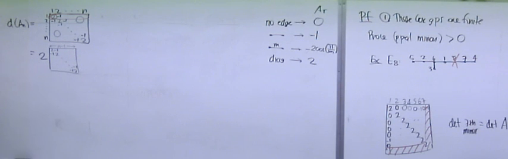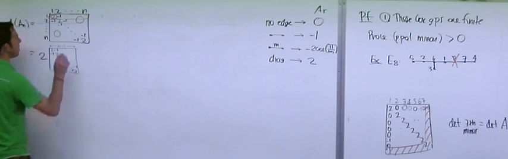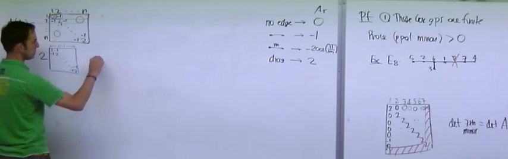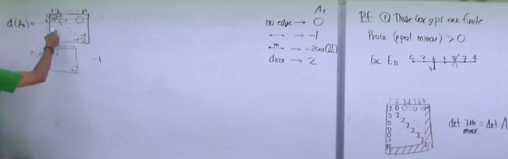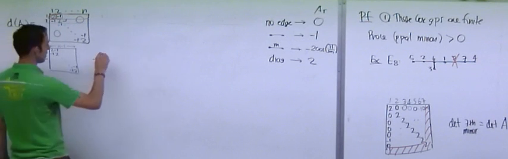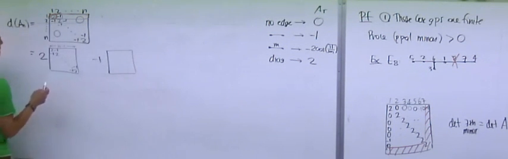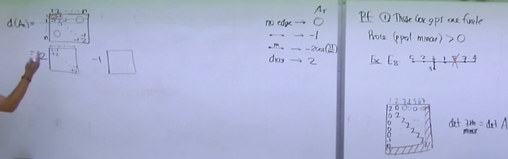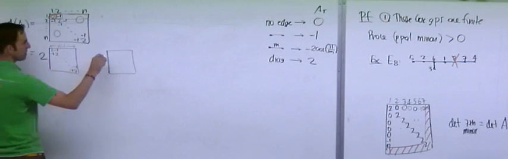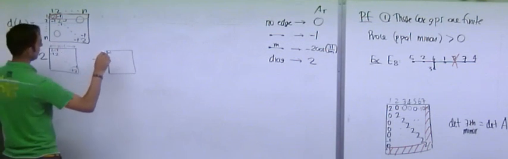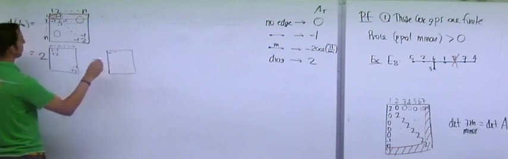Then I go to the next entry and do the same thing. So -1 times what you obtain when you remove this row and this column. What does this look like? It looks to me like we're going to get a single -1 in here, and then a -1, zeros.